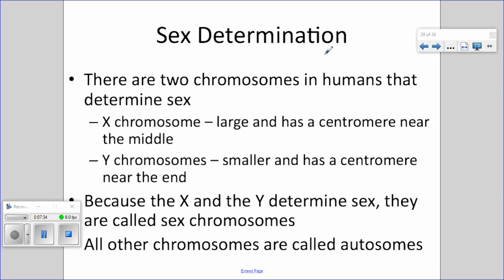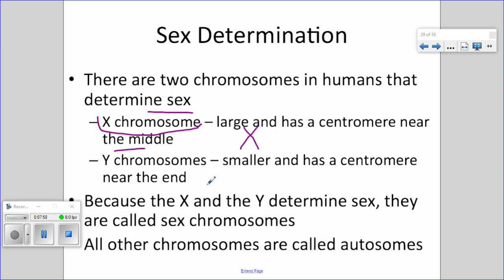Now, chromosomes play a role in sex determination. As mentioned before, there are 2 chromosomes in humans that determine sex. There is the X chromosome, which is large and has a centromere near the middle. When viewed under a microscope or electron microscopy, it typically has an X shape.